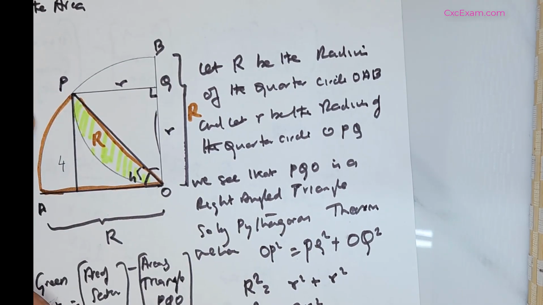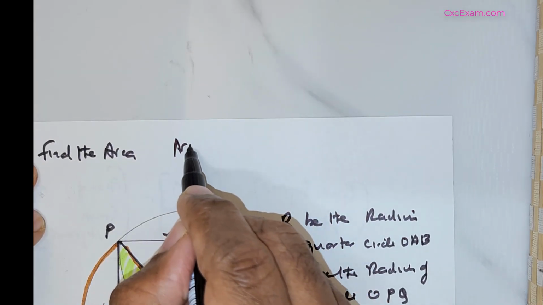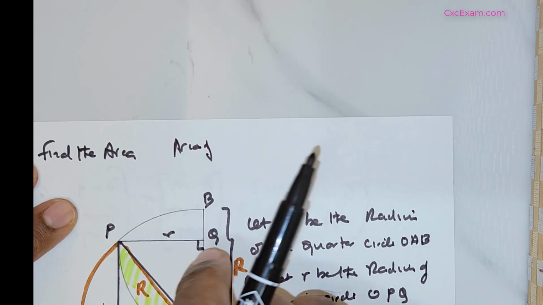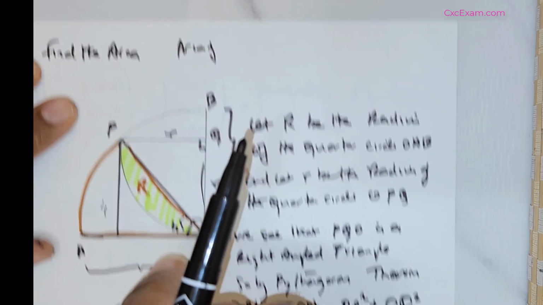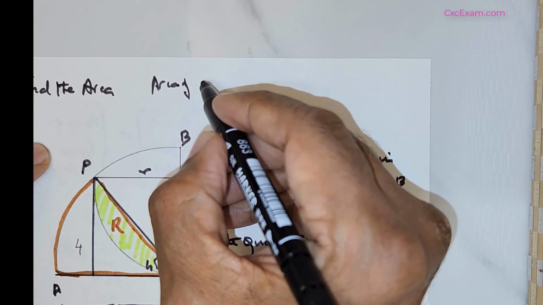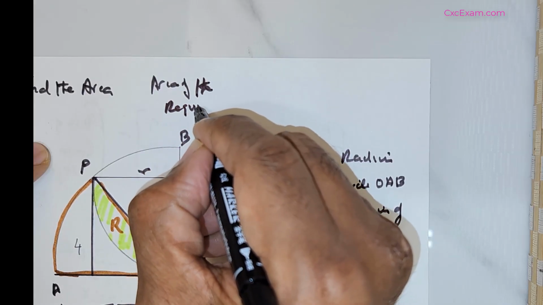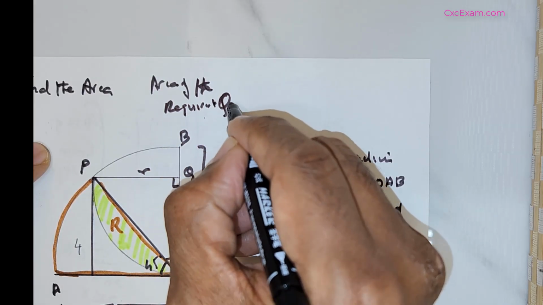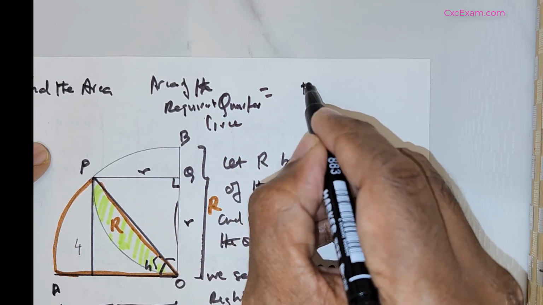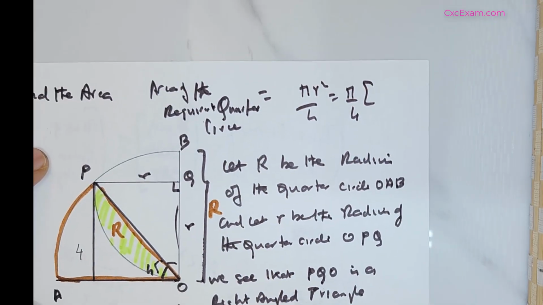But what is actually R? R is the radius of the quarter circle. Therefore the area of the required quarter circle PQO is pi times R squared divided by 4, which is pi over 4 times the value of R squared.